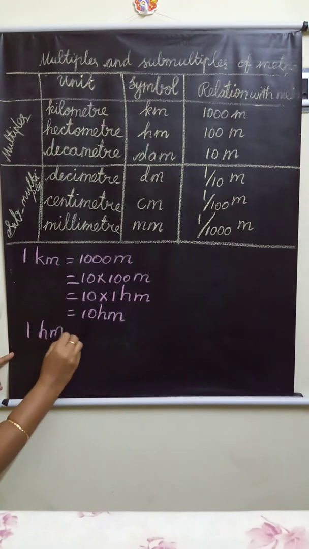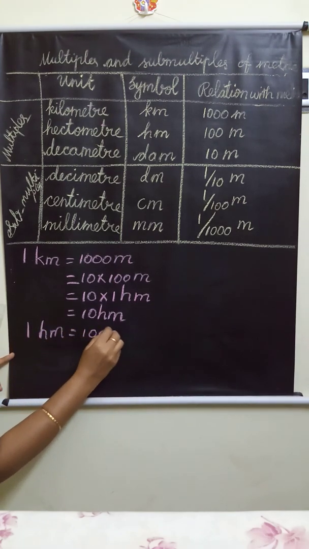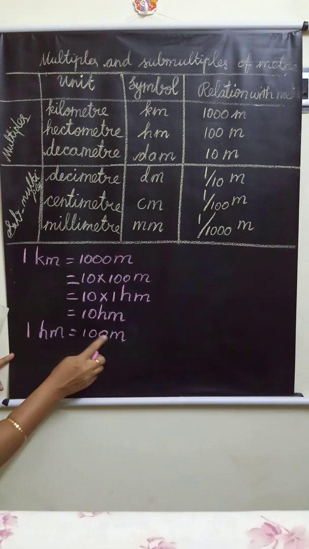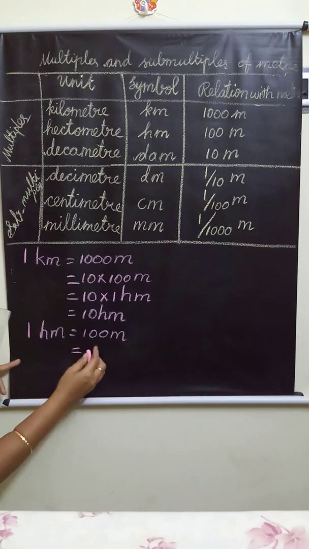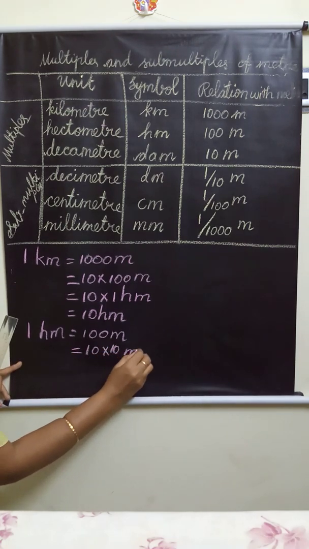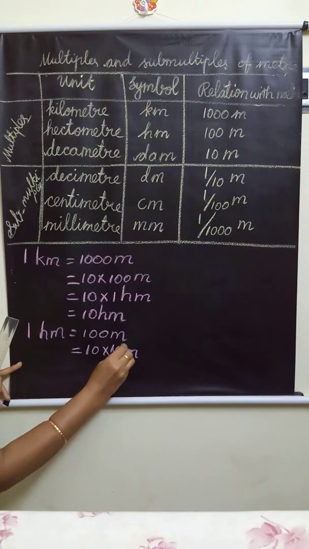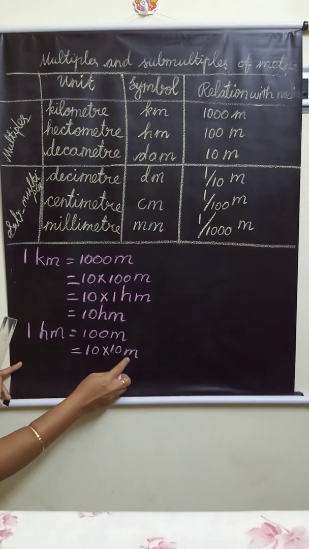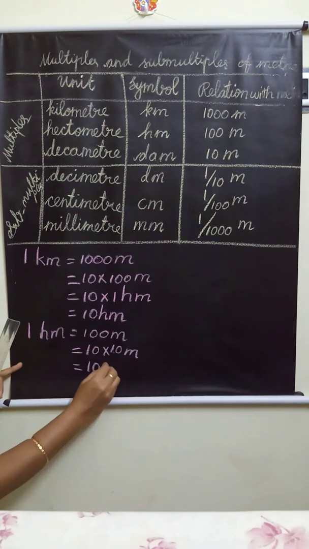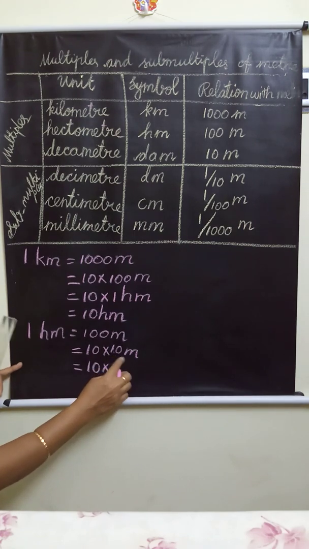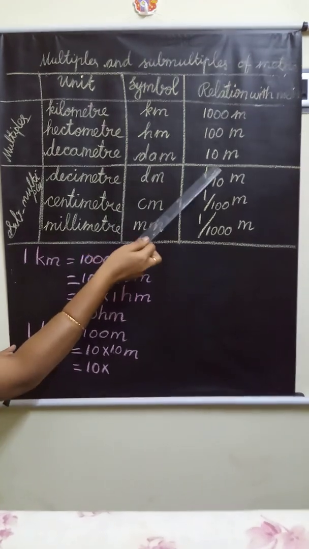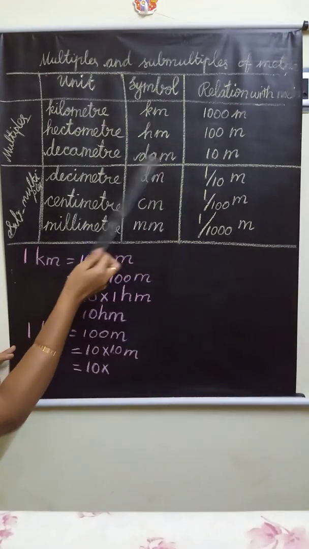Another example. 1 hectometer is equal to 100 meter. How do we separate this? 10 into 10 meter. Here we write 10, and 10 meter is equal to 1 decameter.